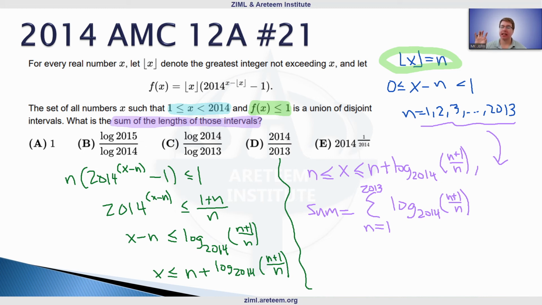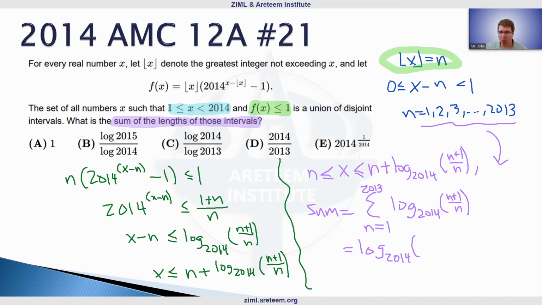But this is a very important log rule. If you have the sum of a bunch of logs, this is the log of the product of all of those things. And let me write this out without summation notation. So we have all of those logs added up, and we can combine all of those logs into a product.